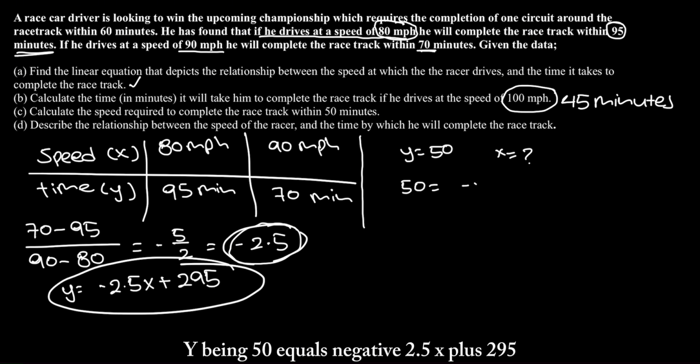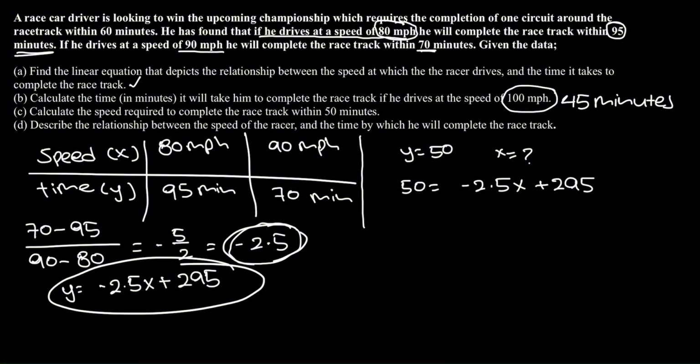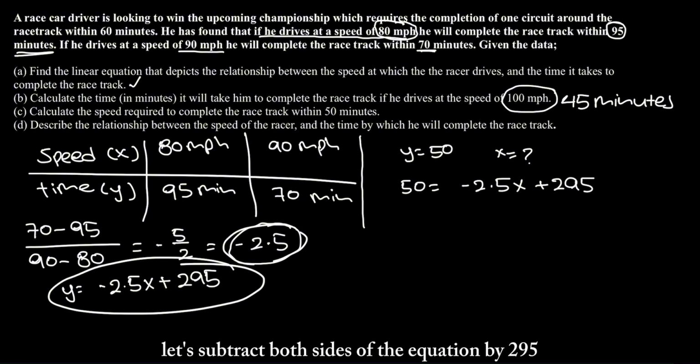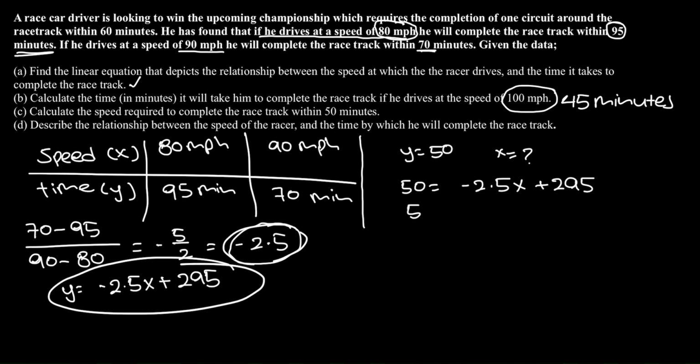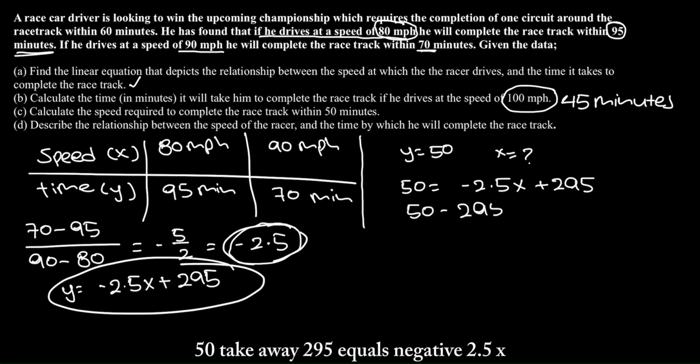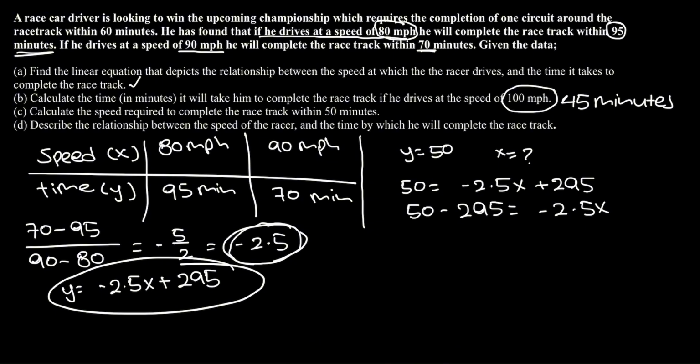y being 50 equals negative 2.5x plus 295. Let's subtract both sides of the equation by 295. 50 take away 295 equals negative 2.5x.